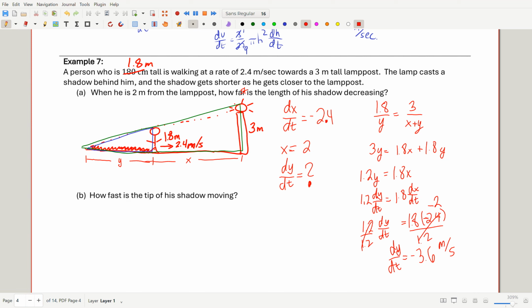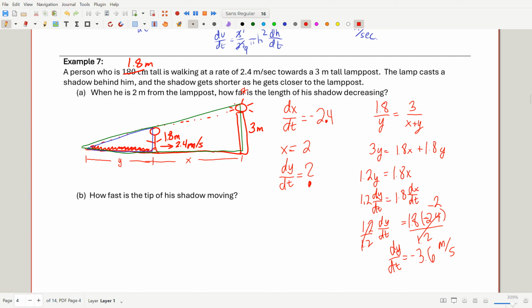So as he walks, this whole shadow is moving with him, and the tip is moving. The tip represents the length of x plus y, so it's moving at the rate that x plus y is decreasing. This would be trickier to figure out if you were really just thinking about his shadow, because as he walks to the light post, both endpoints are moving, right?